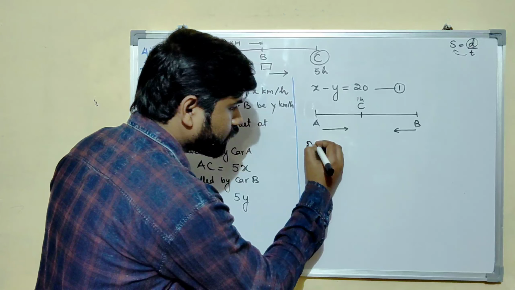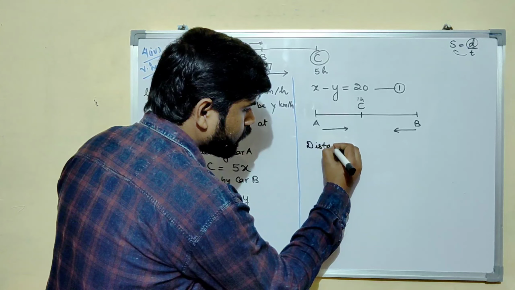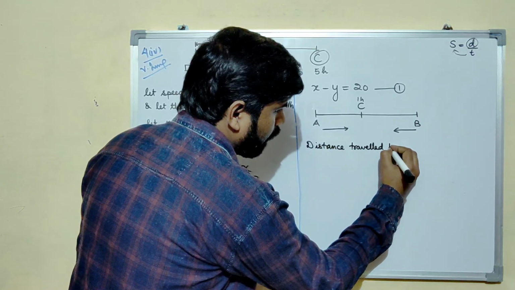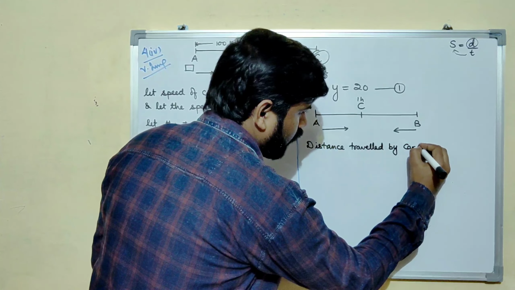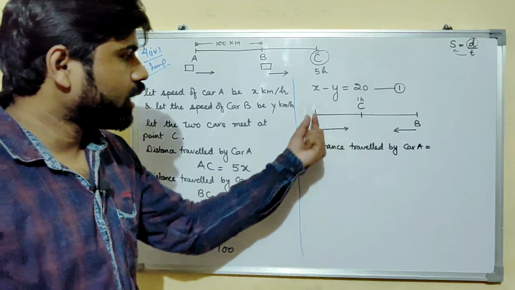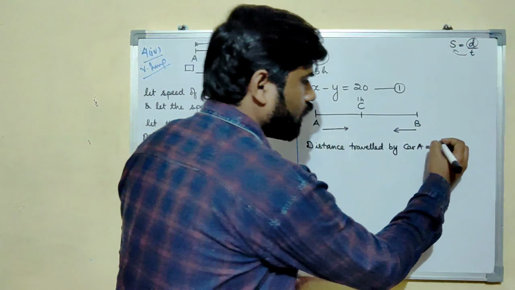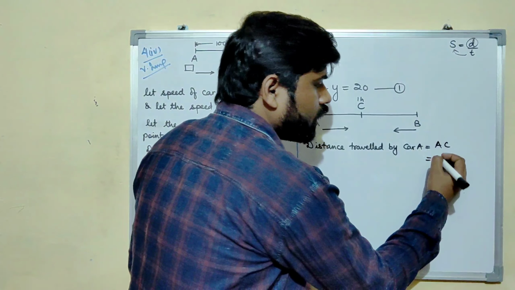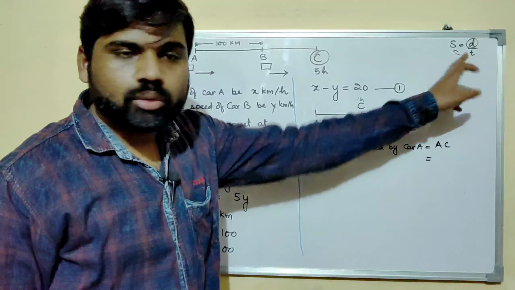Now let us find the distance traveled. What is the distance traveled by car A? In this case, it is AC. What is it? Speed into time.